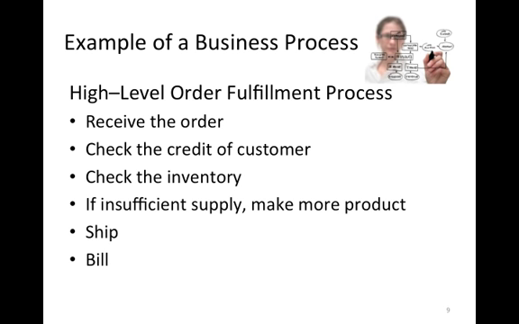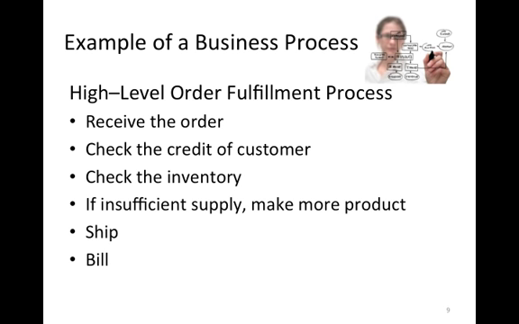So let's think about an example of a business process. We talked a little bit about some of those, but this is one for an order fulfillment process. At the highest level, a subscription company or Amazon or organizations like that, or a manufacturing company, would receive an order, check the credit of the customer, check the customer status, check the inventory.